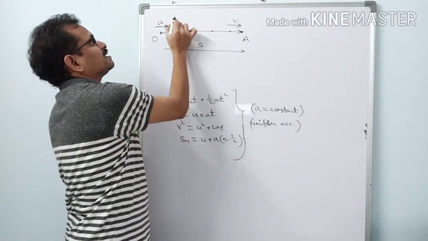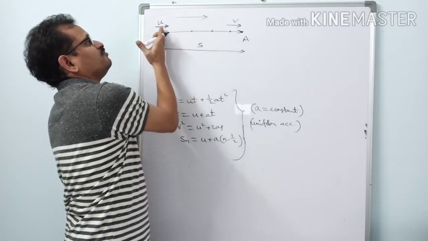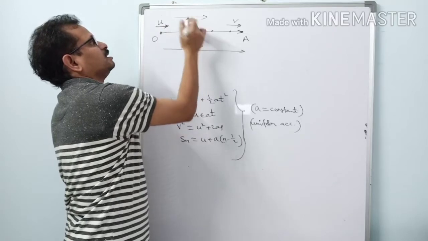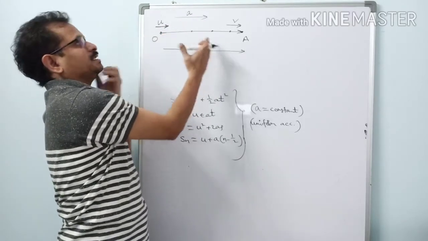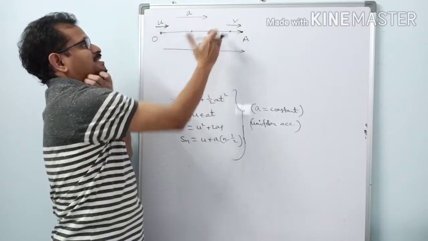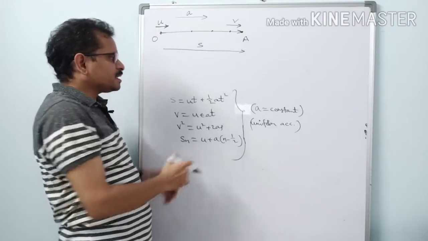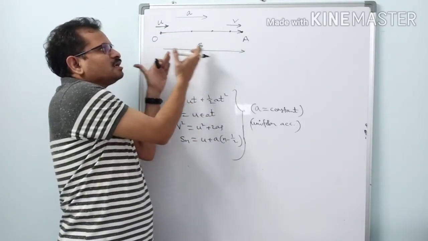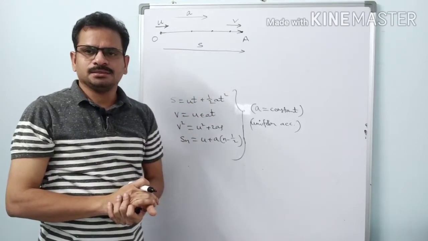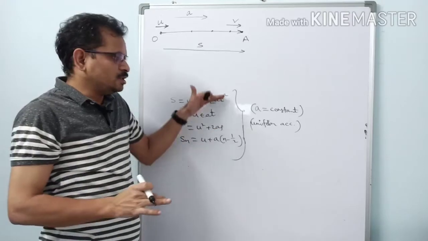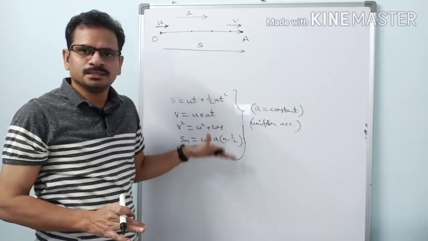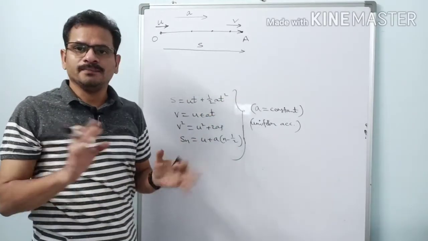And what about acceleration? Suppose velocity is increasing in this direction, so acceleration is in this direction. So all the physical quantities are in the same direction, and there is no need to bother about minus sign convention. We used the equations simply like this without bothering about any minus sign.